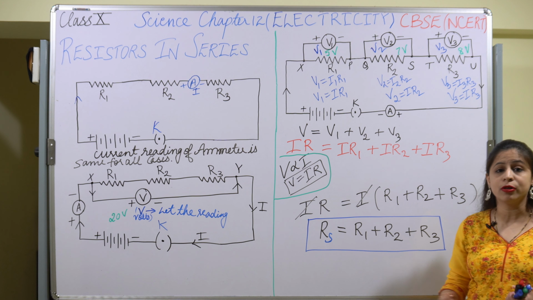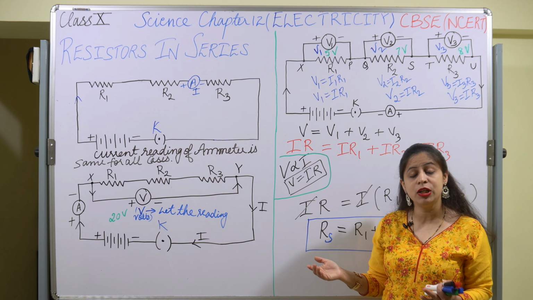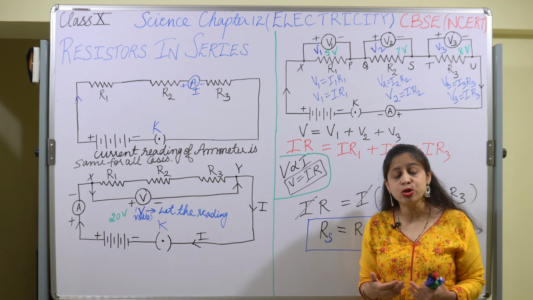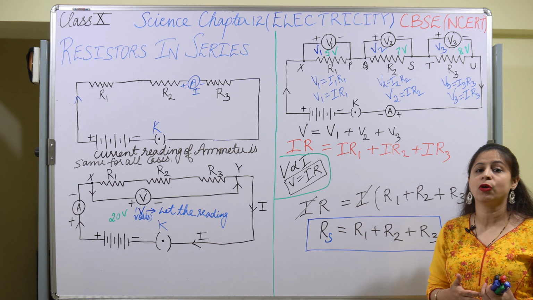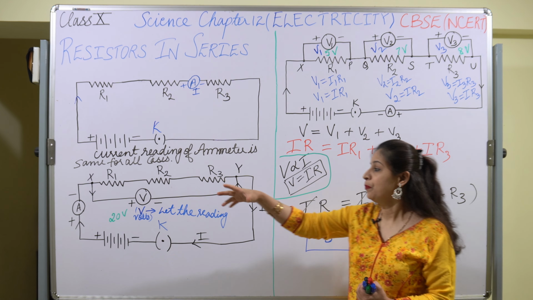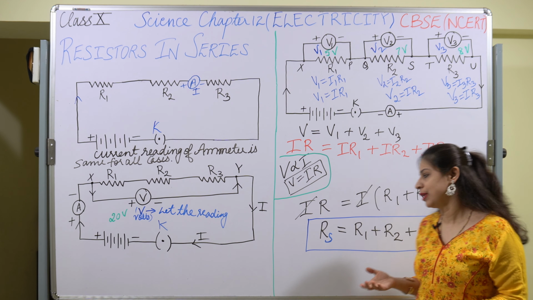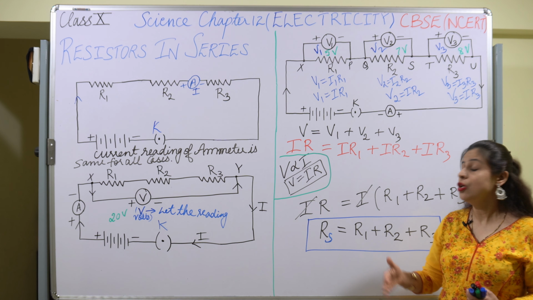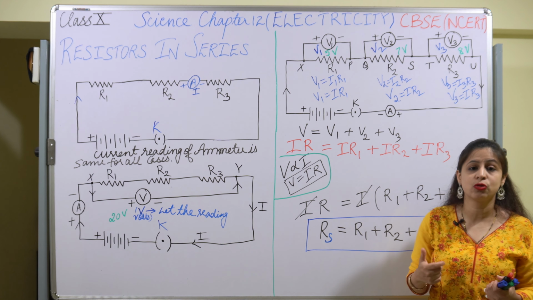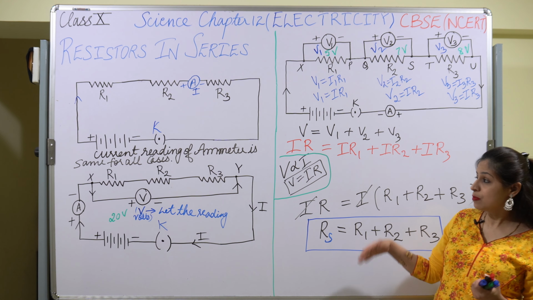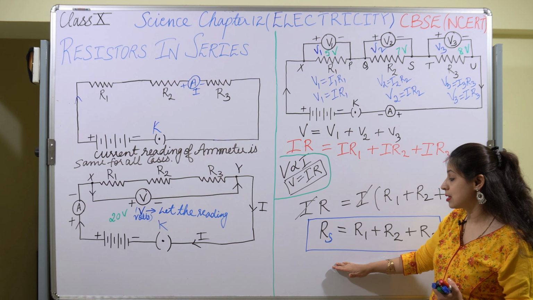It is very important because numericals come where resistances are connected in series, and we need to find the current or the equivalent resistance. Sometimes we are also asked to find the potential difference across the resistances connected in series, which can be calculated by first calculating the total equivalent resistance in series.